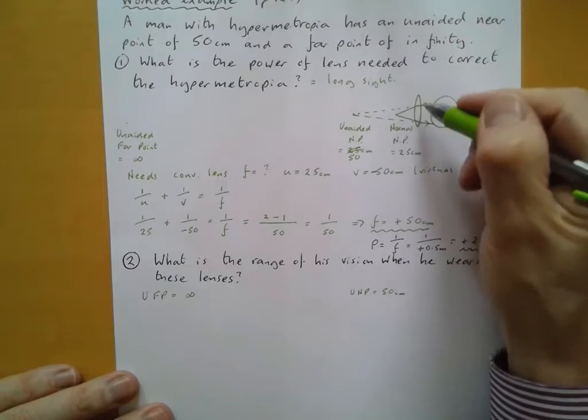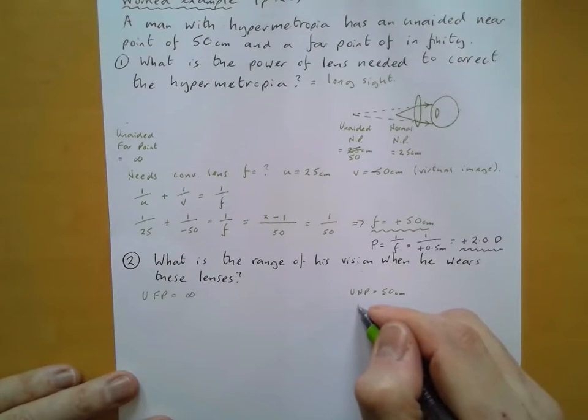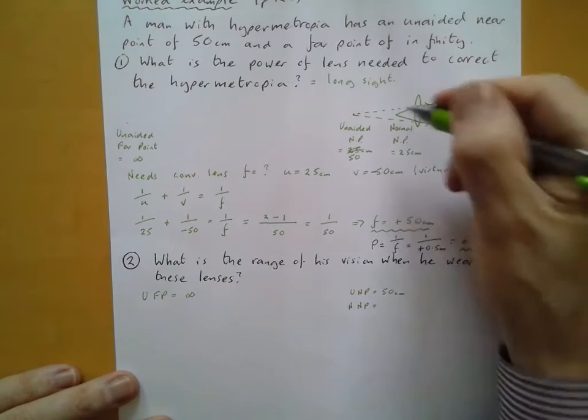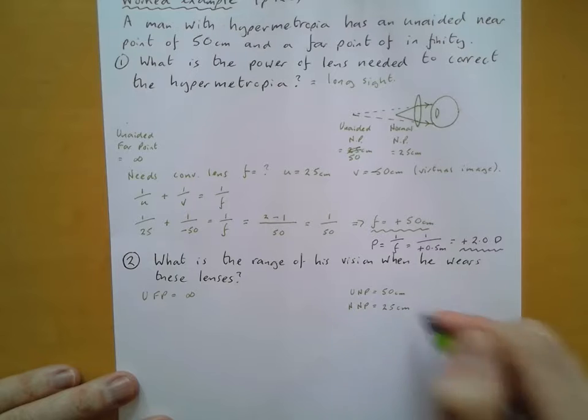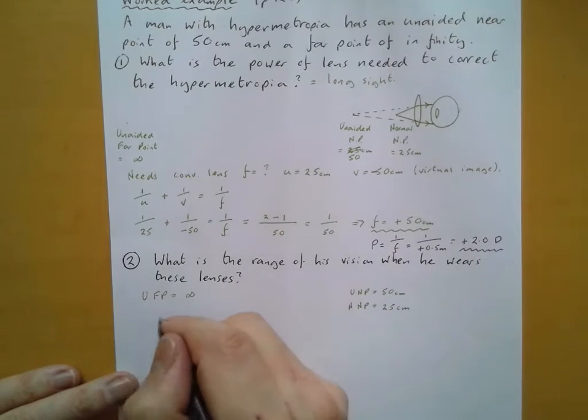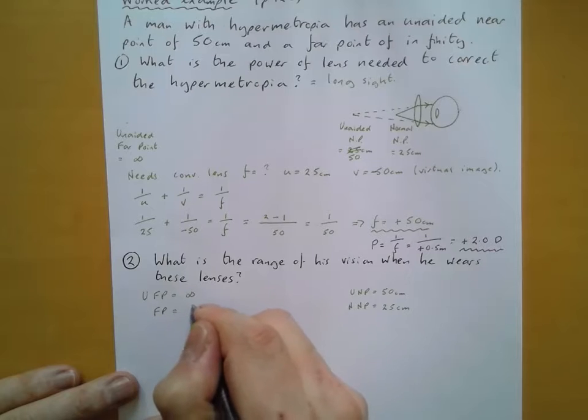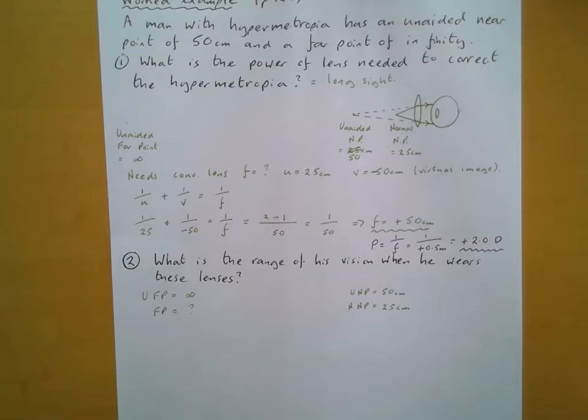Now, with the glasses, his near point is brought in to a normal near point of 25 centimeters. What is then his far point? Is what we want to know. Okay.